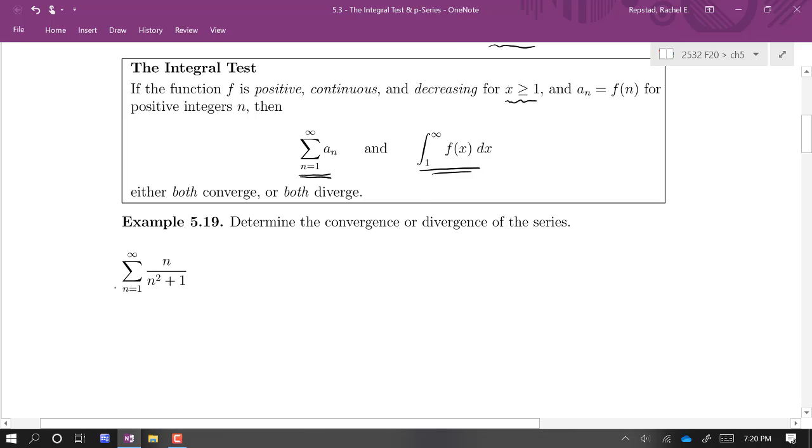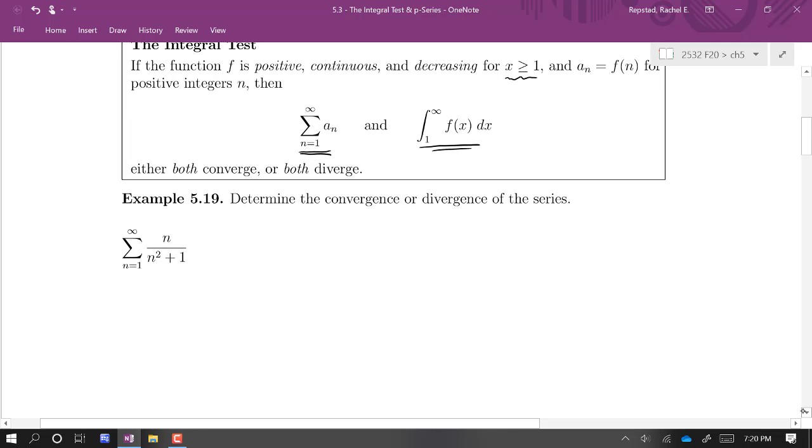We'll note that the terms of this series are all positive, right? Because n starts at 1, and n over n squared plus 1 is always going to be positive for those values. If I'm going to use the integral test to examine this series, the first thing I have to do is define my continuous function.